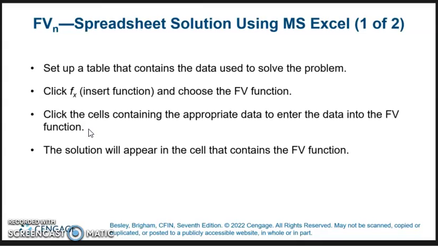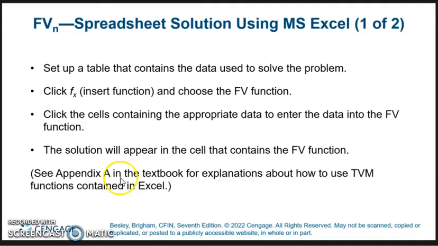The solution appears in the cell that contains the function. In the textbook, there are examples as well. We will work with them quite a bit. You are welcome to use Excel on the quizzes.